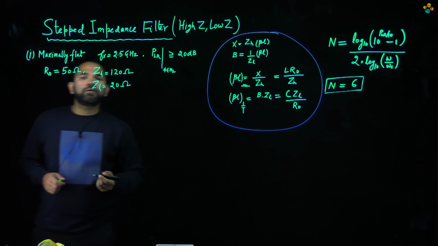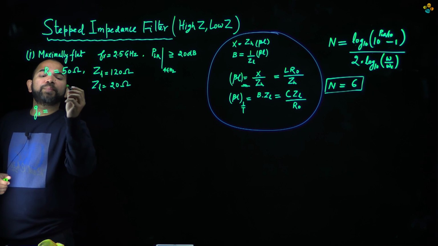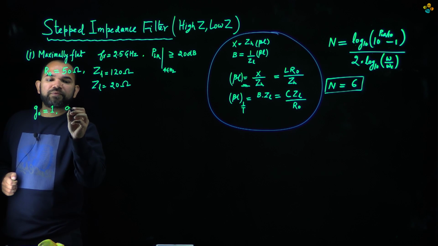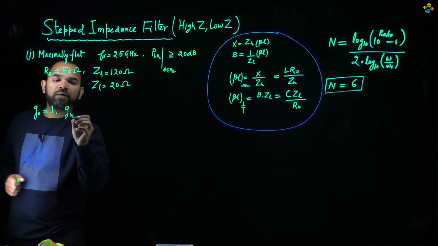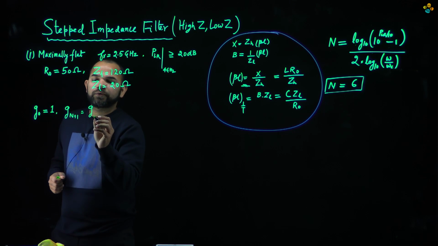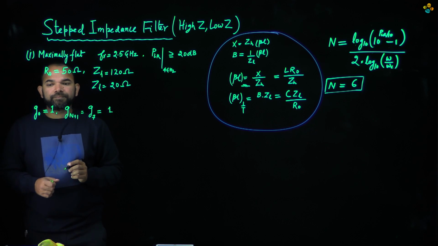Okay, so let's see what's the G0. G0 for the maximally flat response is 1, so is Gn plus 1. So Gn plus 1, because the order of the filter is 6, would be G7. This would also be equal to 1.